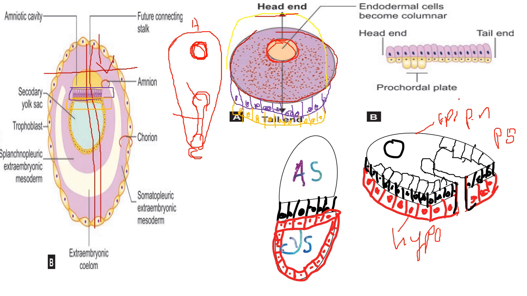Let me use another color. They'll start migrating from there into the primitive streak, entering in there. So what is causing the invagination of these cells into this structure? It is simply a factor known as fibroblast growth factor 8.